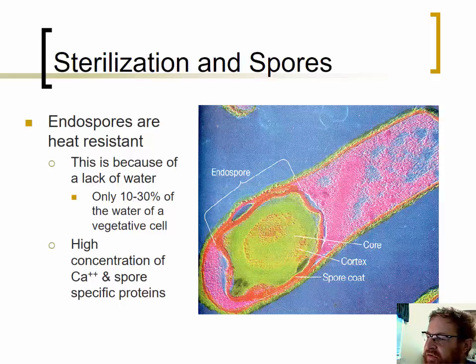Because there is so much less water in an endospore, it is a lot harder to kill things in the endospore form. That is part of the reason why we sometimes have to do very extraordinary things. If the bacteria we know is contaminating something is a sporulator, we might have to heat for a prolonged period of time or add more of the drug.